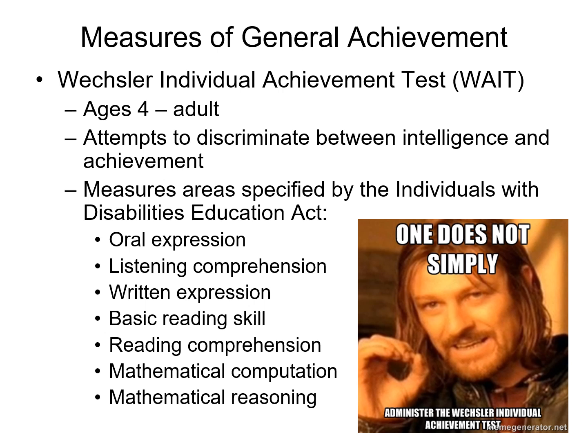It measures areas specified by the Individuals with Disabilities Education Act. Specifically, this is around an actual law, and the test is made to look for areas where someone might have a learning disability: oral expression, listening comprehension, written expression, basic reading skills, reading comprehension, mathematical computing, and mathematical reasoning. So this is an example of a test that might be given to identify someone with a learning disability.